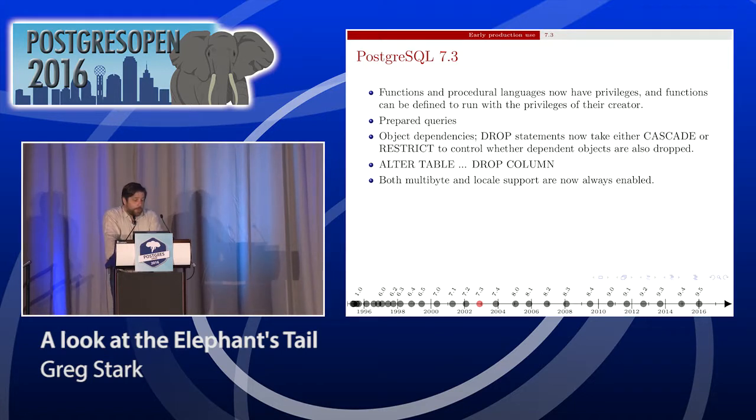Things like being able to drop a column on a live database while it's running, and obviously maintain their schema as it evolves. The multi-byte support was actually a major issue because it is one of the reasons that Postgres' adoption in Japan was so high, because it was one of the early databases to support multi-byte encodings from an early date.